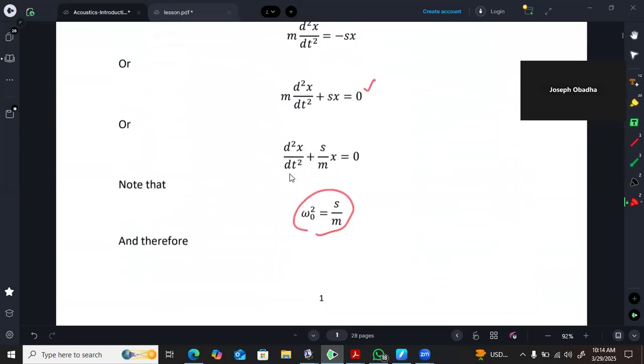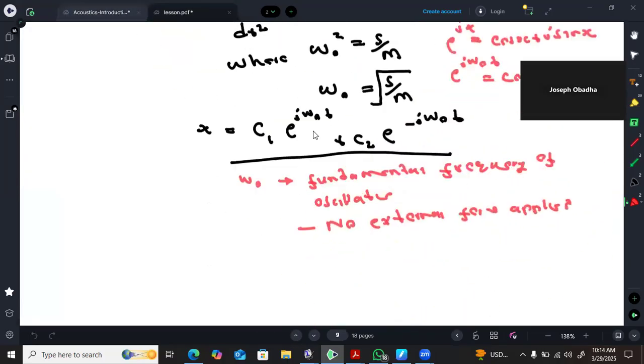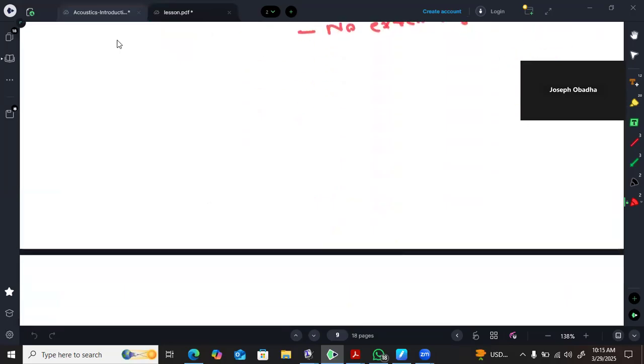But we want to look at a little more complex mechanical system. Because what we have looked at is just a simple case where you have a mass and a spring. But this one will just oscillate, and the oscillations will die out by themselves.